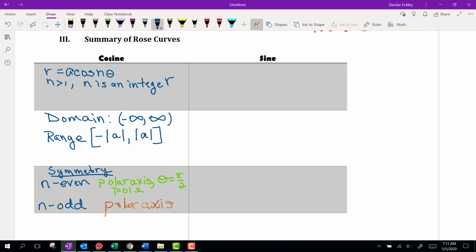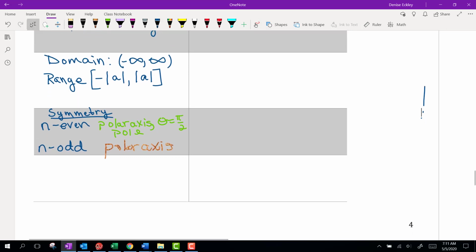And then finally, how do we determine some of the characteristics of the graph, like the petals? We have a max r, which is equal to the absolute value of a, and that's the length of the petal.